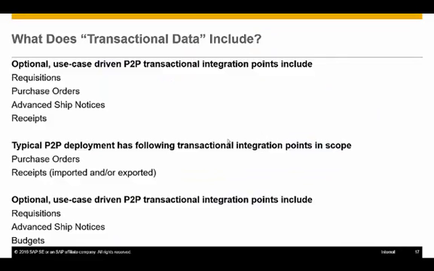Here is a slide that basically talks more about what transactional data includes. The optional ones are the requisitions, the purchase order, and advance ship notices and receipts. Not all P2P customers go ahead and integrate all the transactions. What they typically integrate are the invoices, the approved invoices that are completed in P2P.